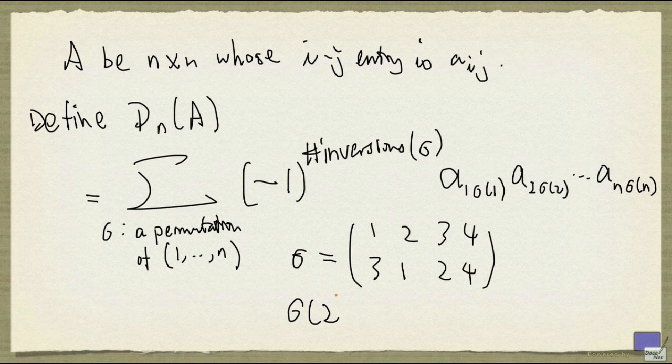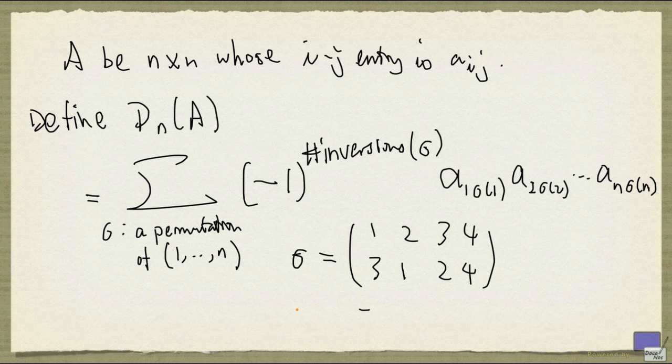It means that if you want to look at sigma 2, well, you look at the column here, there's the element 2 in the first row, and the result is 1. So basically what it is saying is the second element gets mapped to 1. And if you look at sigma of 3, that would be 2.